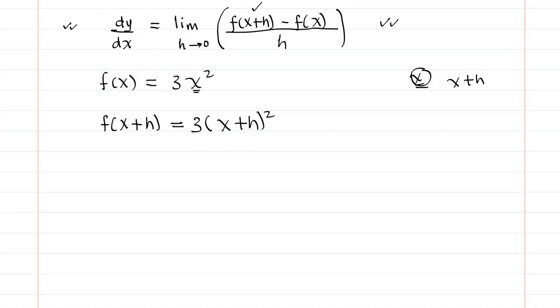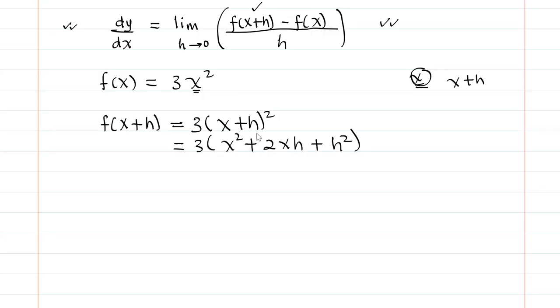And then we simply expand. On expanding, I'm going to keep 3, and then I expand x plus h squared. I believe at this point you know expansion, and in case you don't, visit our playlist of Senior 3 Basic Mathematics. The expansion of this becomes x squared plus 2xh plus h squared.